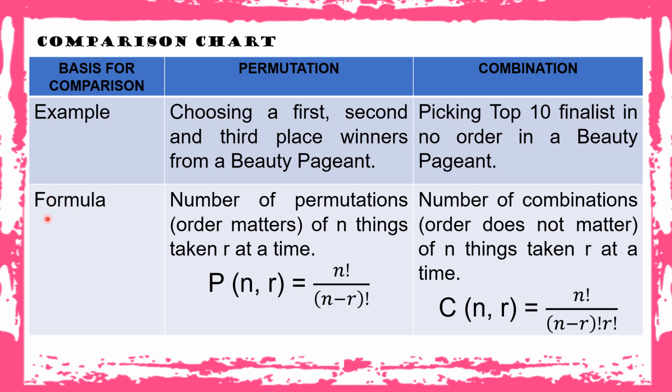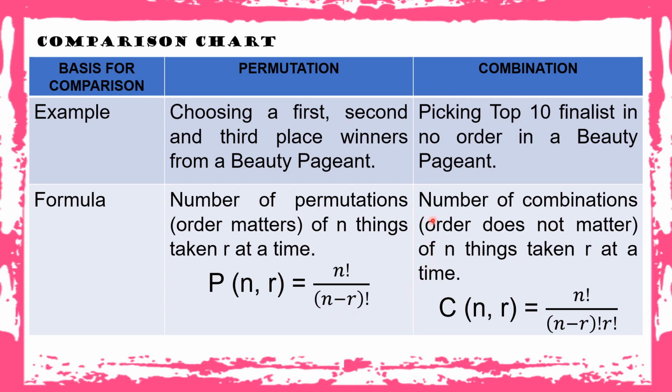And formula for permutation, number of permutations or order matters of n things taken r at a time. So again, here is our formula for permutation. Permutation of n and r is equal to n factorial over the difference of n and r factorial.